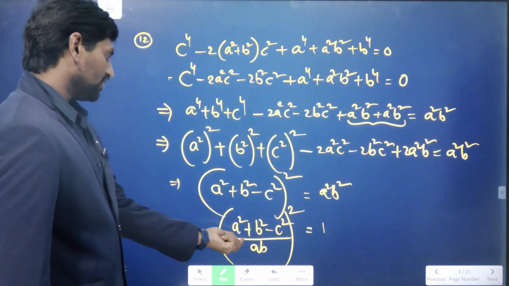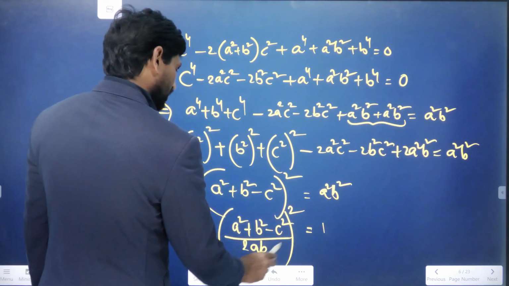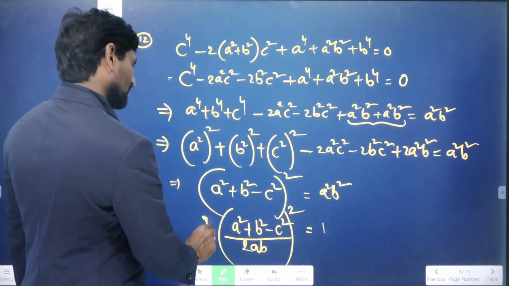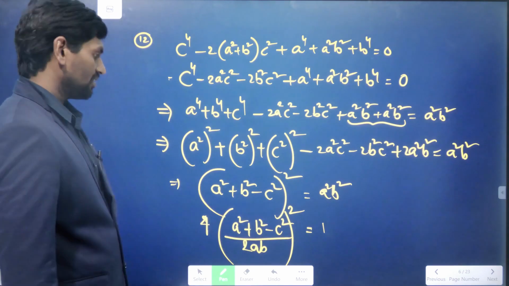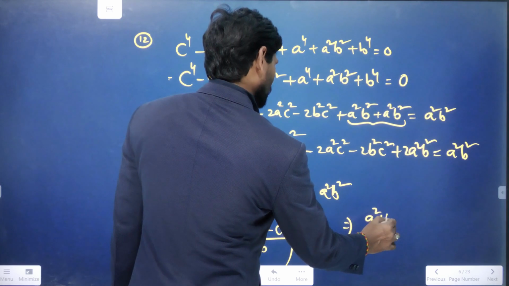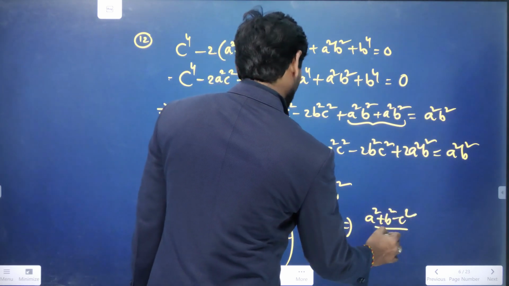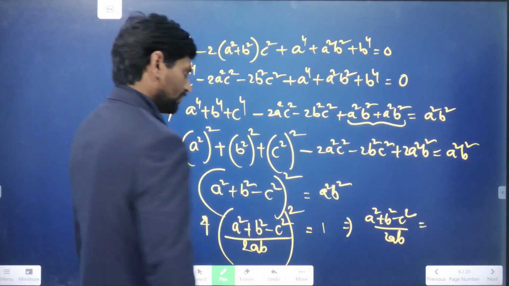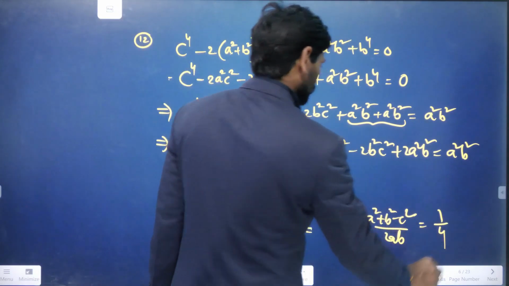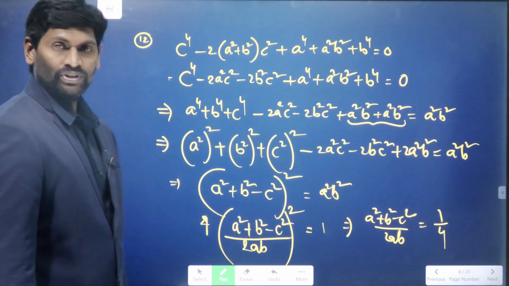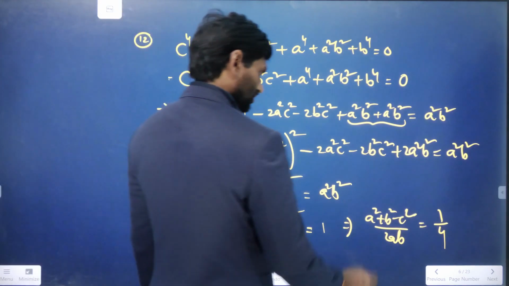Now I want 2 extra, so I am writing 2 here, so that's why I should multiply also 2 here. That means square we are writing means here 4 will be there. Okay, so that implies a square plus b square minus c square by 2ab. That 4 I am transposing that side will be 1 by 4. Okay, 1 by 4. That means we can write 1 by 2 whole square this one.